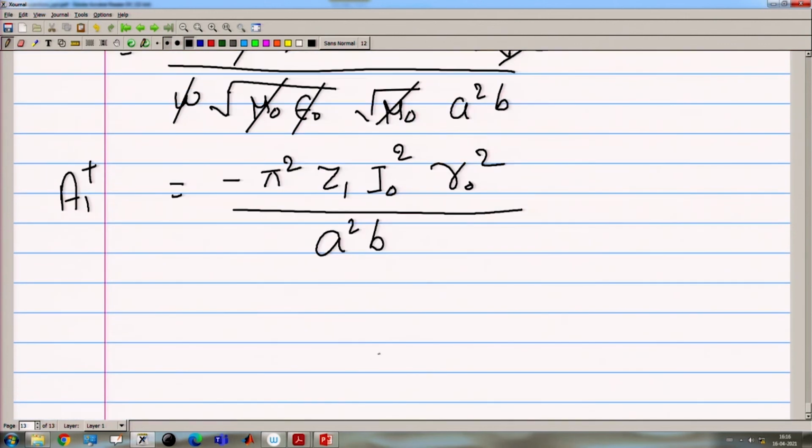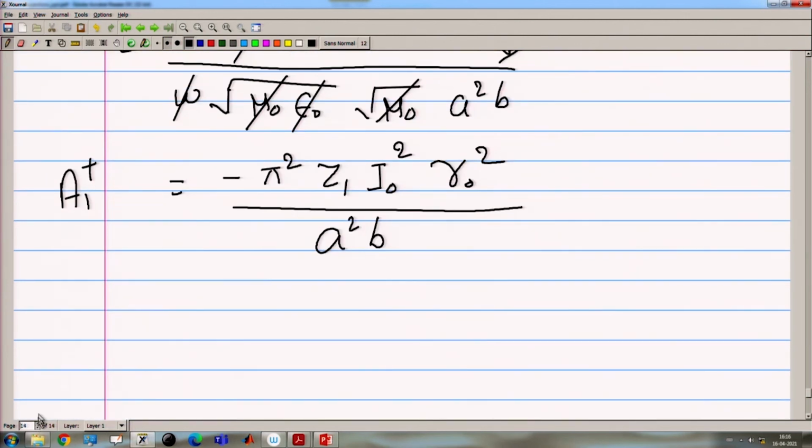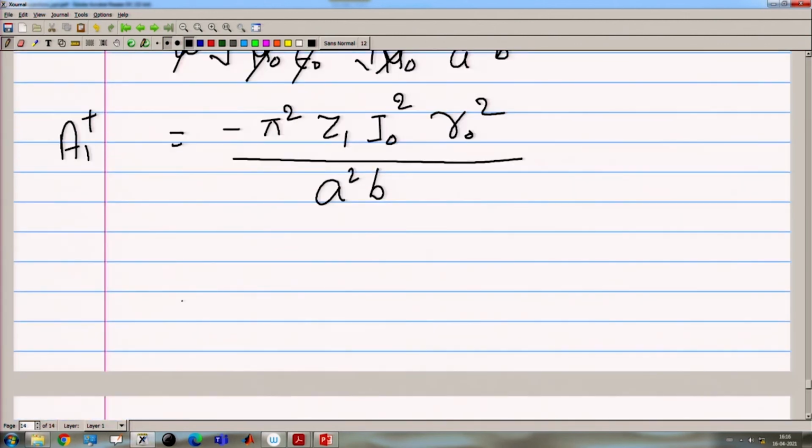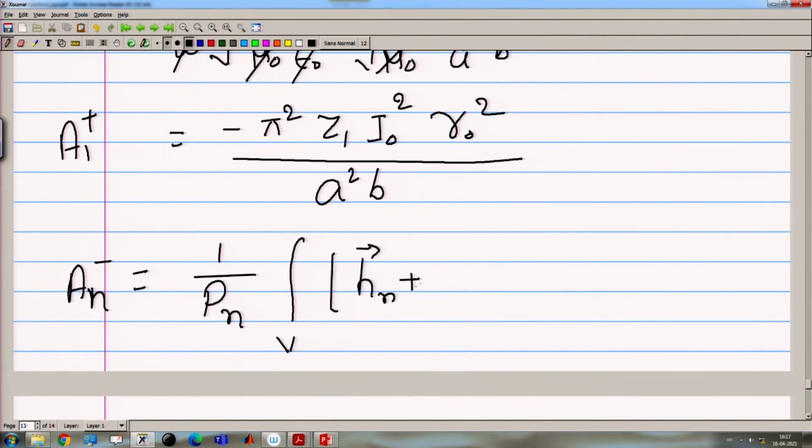Similarly, for the negative travelling wave, the amplitude a 1 minus, we can calculate. So, the formula for a 1 minus is 1 upon p n. So, that is for the nth mode case, that is the h n vector, plus a z unit vector into a z n into m.